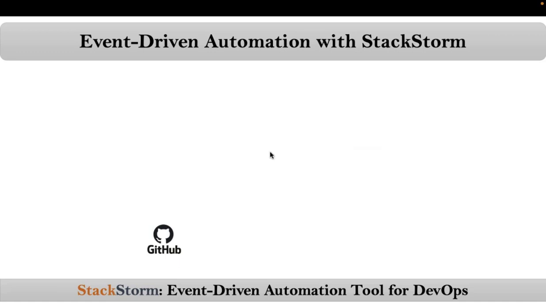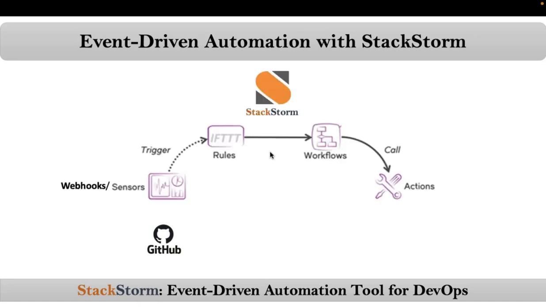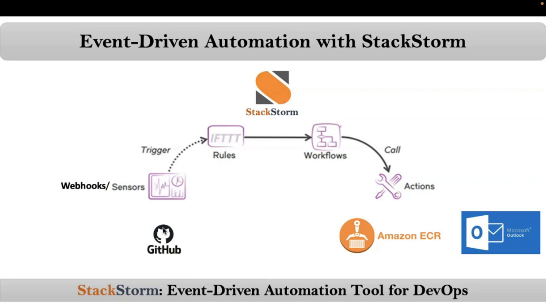To integrate GitHub with StackStorm, there is an option called webhooks or sensors in StackStorm, but GitHub already comes with webhooks. That's why here we can take GitHub webhooks to integrate with StackStorm. Finally, based on our requirement, we push the image to ECR or send an alert whenever there is a branch deletion.